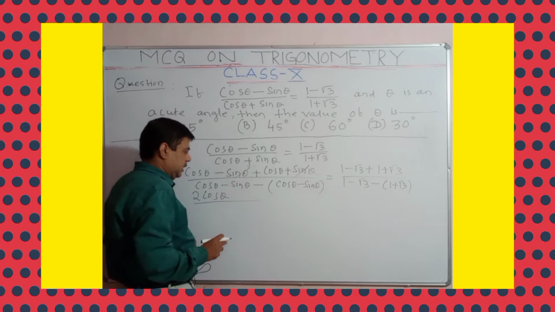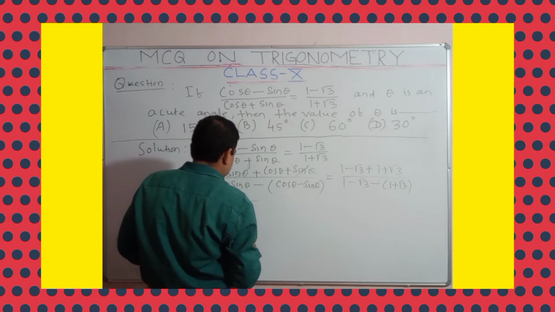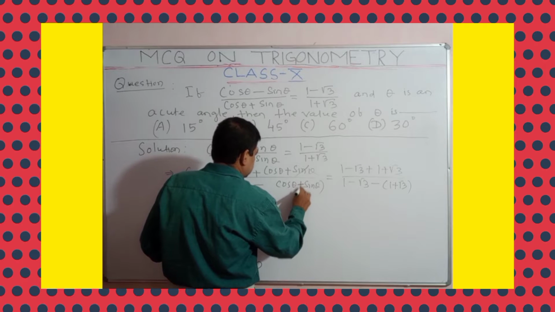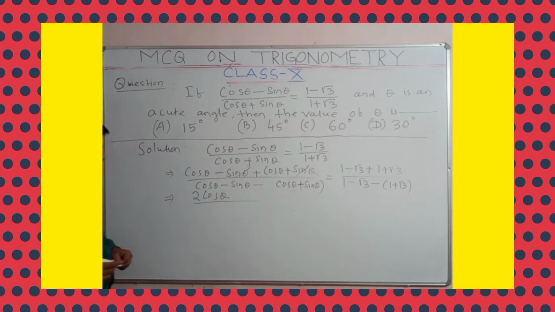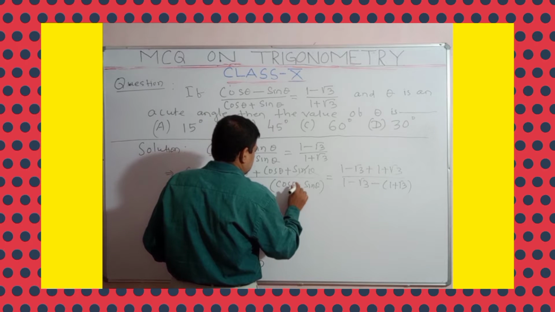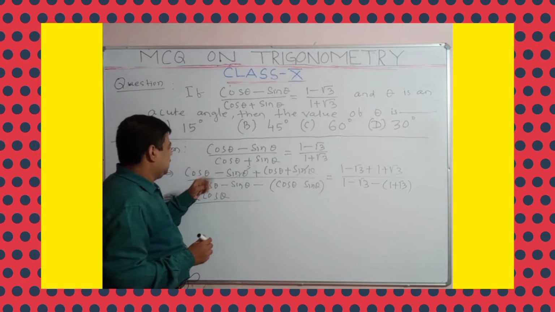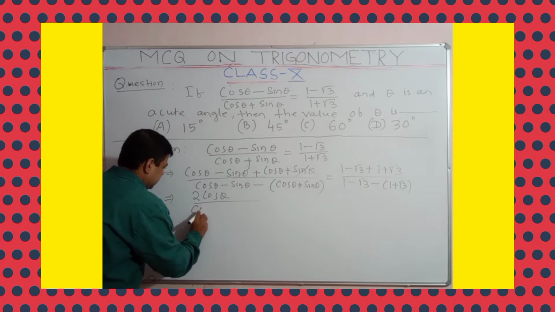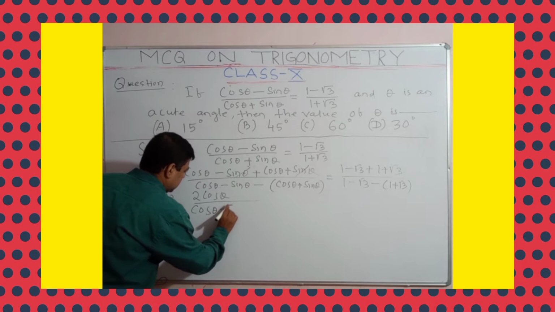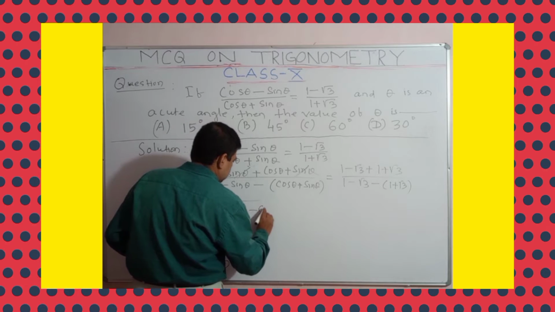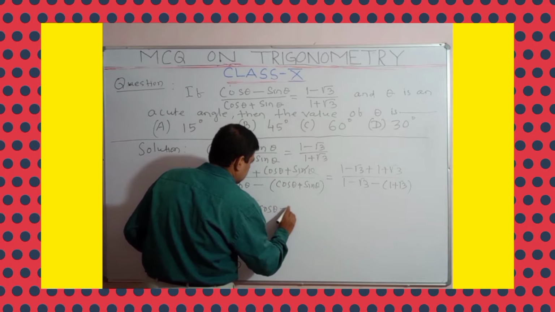If we remove the bracket, what will happen? It will be minus cos theta and plus sin theta. Let's remove the bracket first.